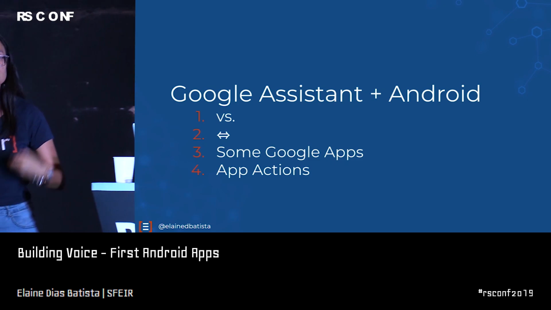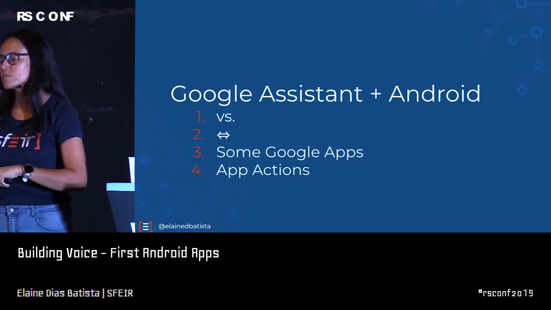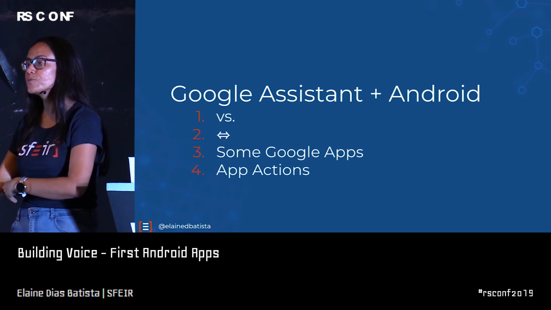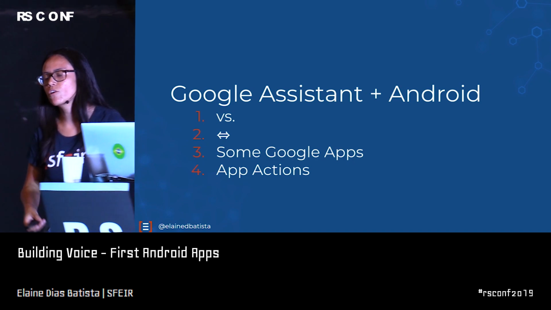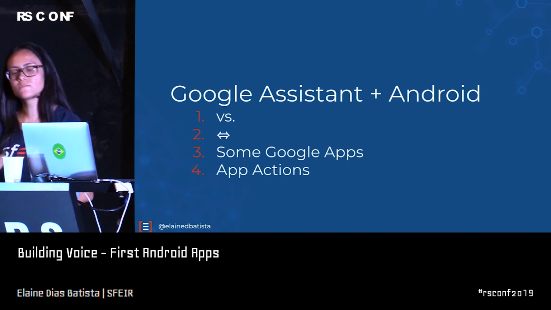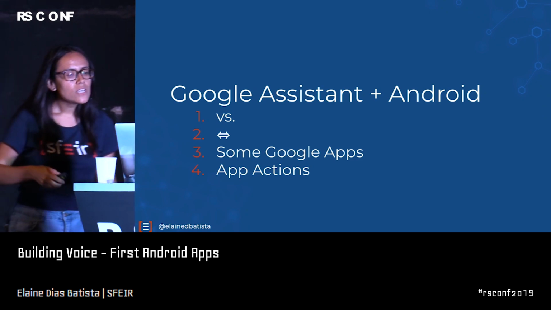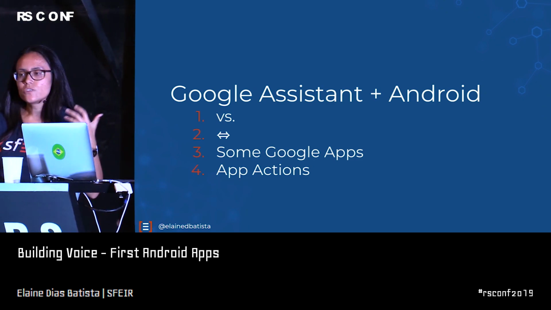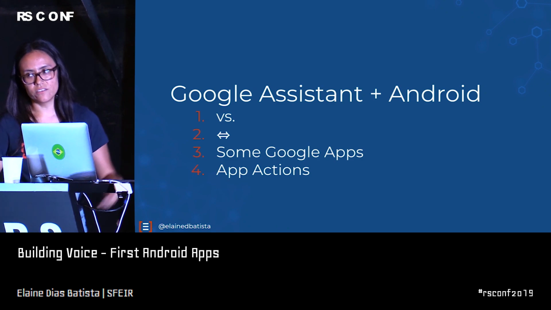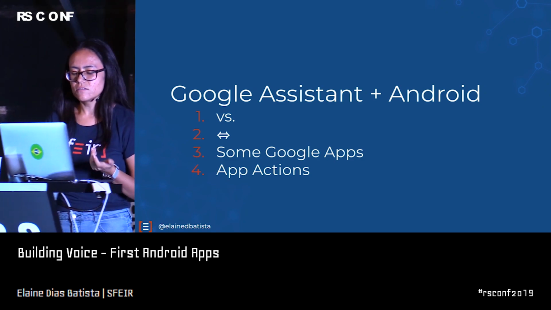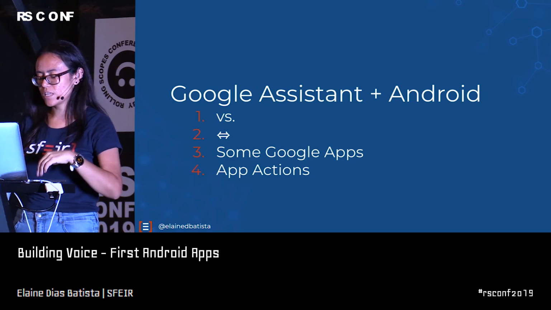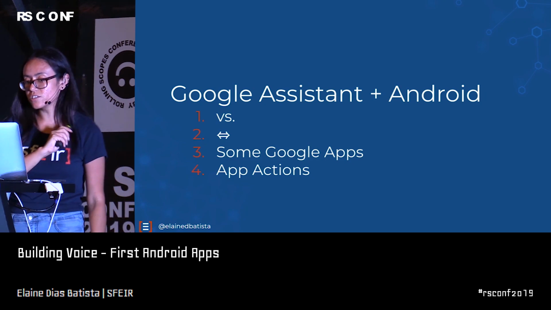It is the Google Assistant, this new platform that works, of course, on smart speakers, on televisions, on computers, and also on Android mobile phones. And it totally makes sense, right? Why shouldn't they already be working well together? They're both by Google. So I'm going to be talking about the integration of those two technologies.